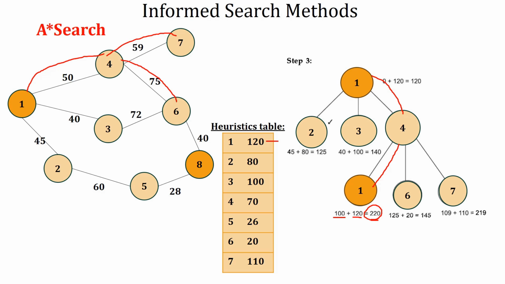to reach node 6 from the start node, it is 50 plus 75, which is 125, and the heuristic value of 6 is 20. So, 125 plus 20 is 145. Then let us compute for node 7. For node 7, from node 1 to reach 4 it is 50, from 4 to reach 7 it is 59.